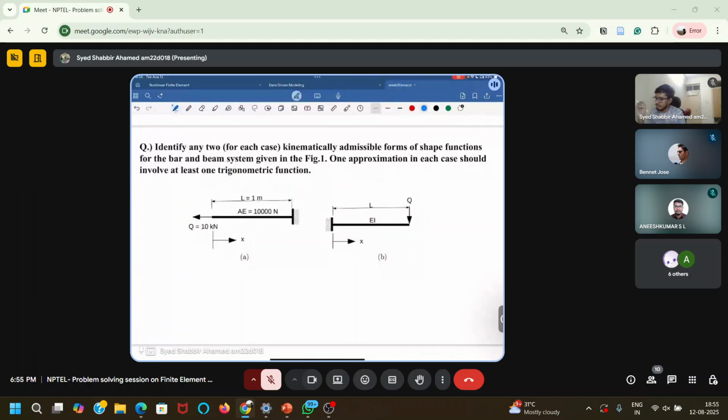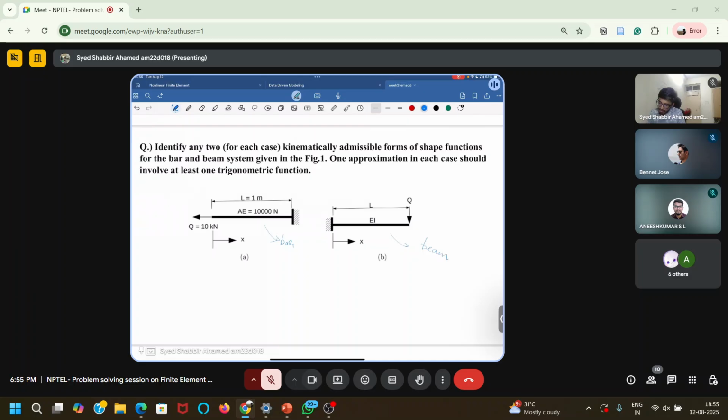Let's see this question. Kinematically, there are these two problems, A and B. Sorry, this is a bar and this is a beam.